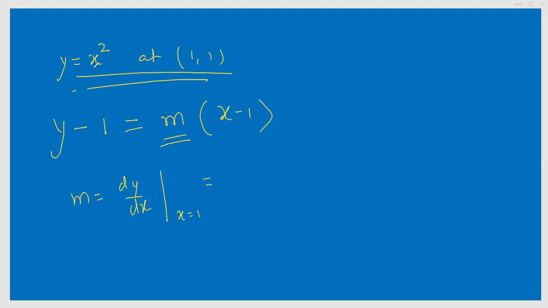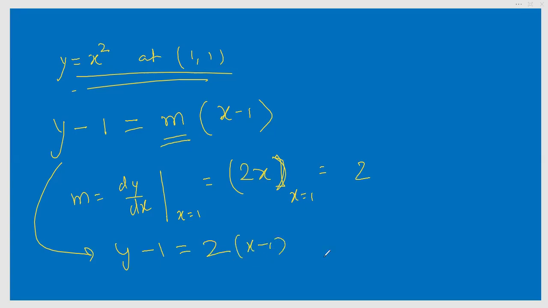Differentiating, we get 2x, and plugging in x is equal to 1, we get 2. So our equation of tangent becomes y minus 1 is equal to 2 times x minus 1. Simplifying it, we get y minus 2x is equal to 3. This is the equation of tangent.